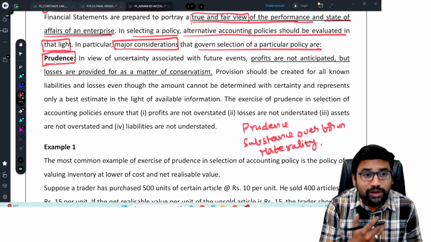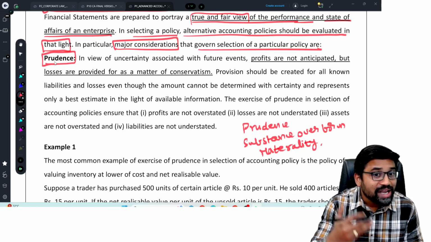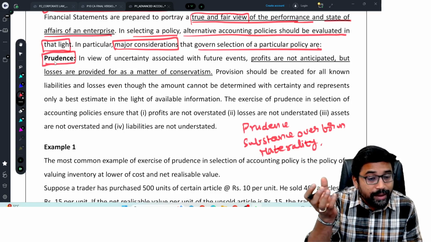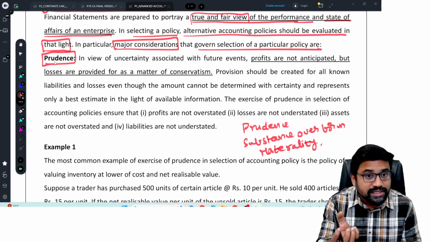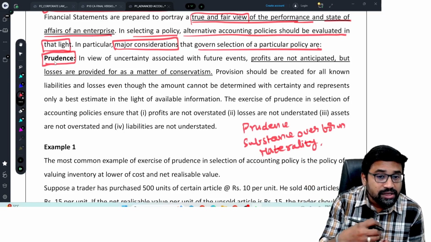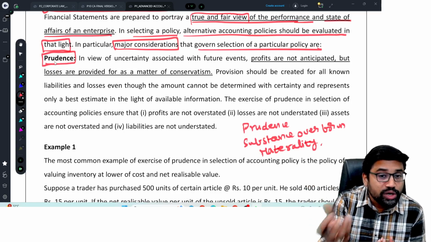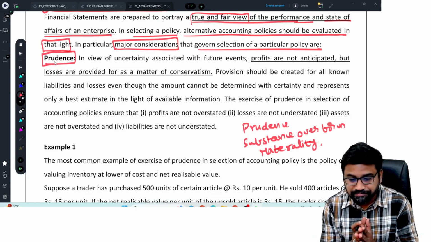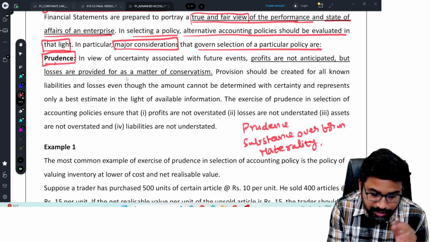But what about losses? Always you can anticipate the losses. That means you can predict, estimate the losses, and then you can recognize them in the books. When it comes to profits, don't recognize without certainty.